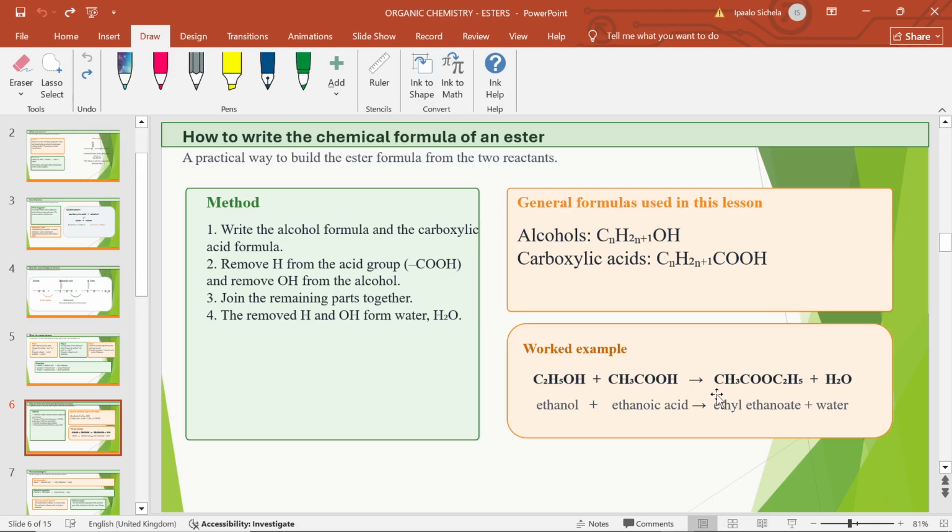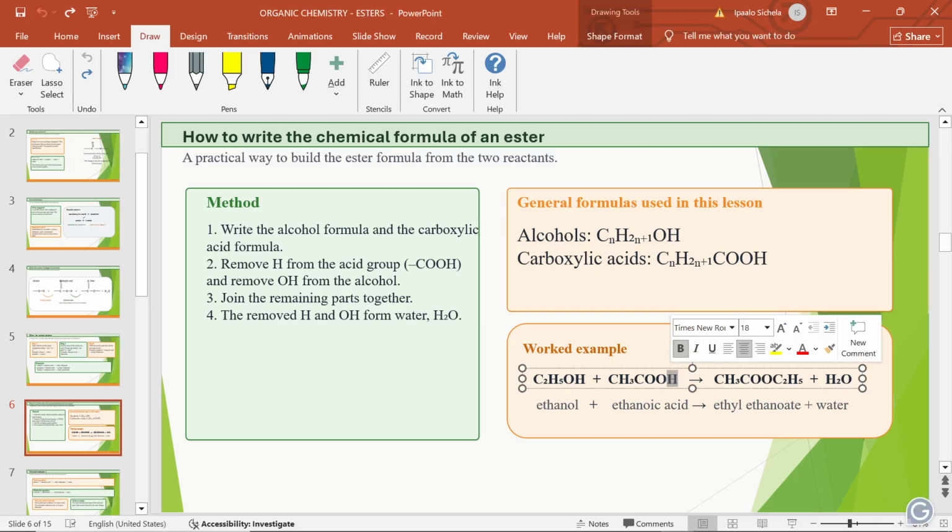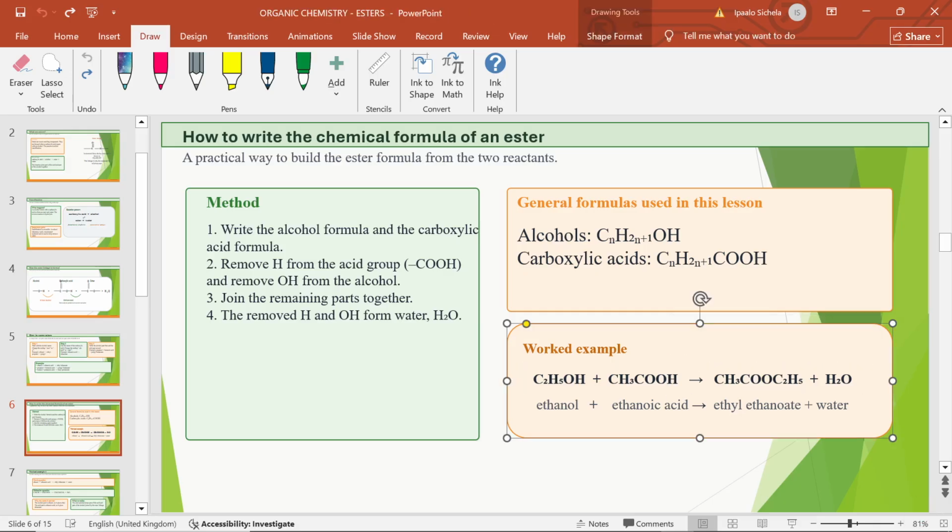Now, how do you write the chemical formula of the ester ethyl ethanoate? The first thing you're supposed to do is write the formula for the alcohol and the carboxylic acid, which we already have. The next thing is to remove H from the acid group, the carboxylic acid. When you remove this H at the end, the one I've just highlighted, you put it here.